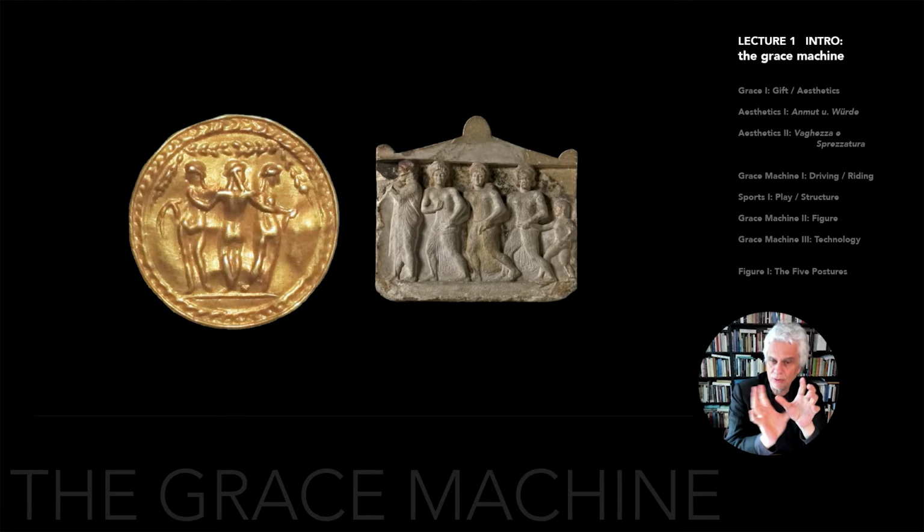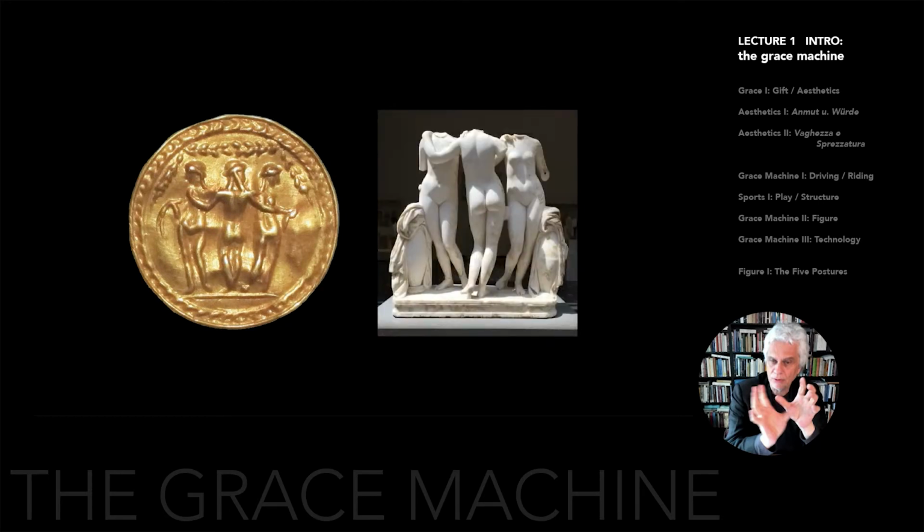You see how, so this is actually a Roman copy. They all lost their heads, but you start to see that the limbs are actually starting to play a major role. They're all sort of in a state of buckling. There's a lot of weakening or softening of the figures. They hold on to each other.